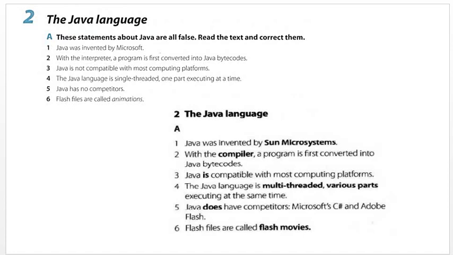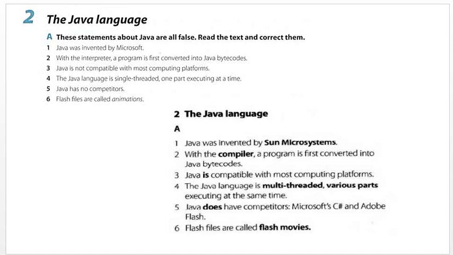Java is not compatible with most computer platforms. No, Java is compatible with most computing platforms. Number 4, the Java language is single-threaded, with one part executing at a time.